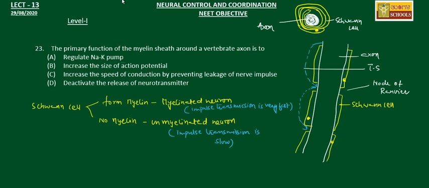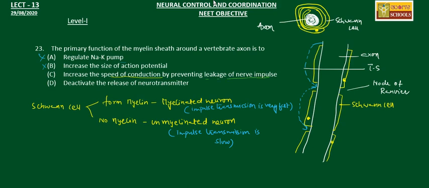So let's see the options here. Regulate sodium potassium pump, no. Increase the size of action potential, no, there is nothing like an increase in the size of the action potential. Increase in the speed of conduction, yes, by preventing the leakage of nerve impulses.